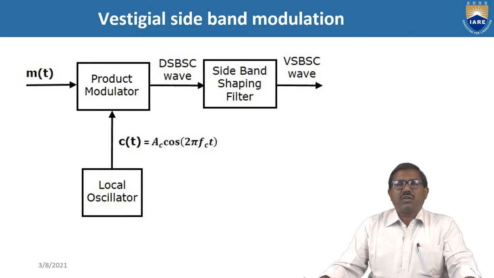These two signals are applied to the product modulator, which produces the DSBSC wave, double sideband suppressed carrier.